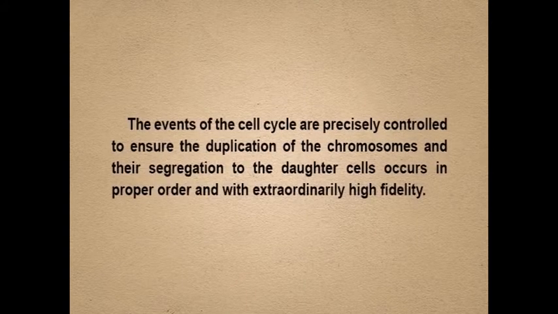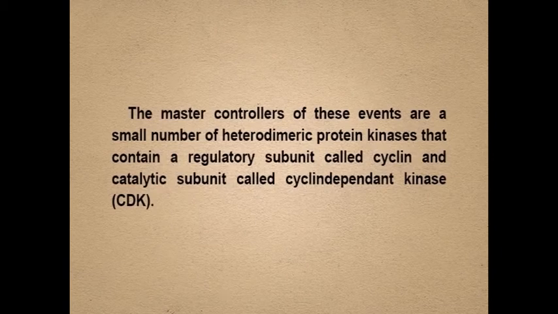The events of the cell cycle are precisely controlled to ensure that the duplication of the chromosomes and their segregation to the daughter cells occur in proper order and with extraordinarily high fidelity. The master controllers of these events are a small number of heterodimeric protein kinases that contain a regulatory subunit called cyclin and a catalytic subunit called cyclin-dependent kinase.